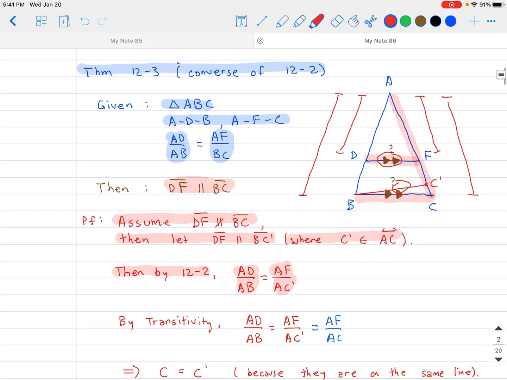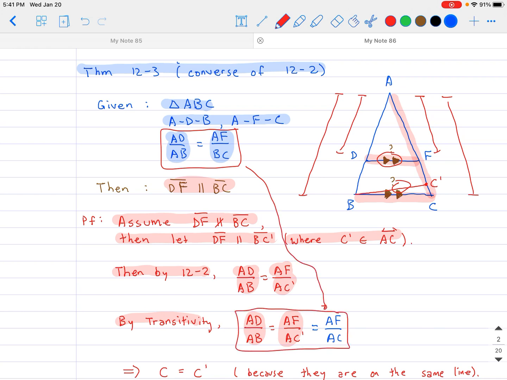If that's the case, then by transitivity, since these two over here are equal to each other, or proportional to each other, I can take from the very get-go the given, and by transitivity say that this is linked up to all three of them. And if that's the case, now just look at the bottom part right here. This is the part that is going to tell us our conclusion.